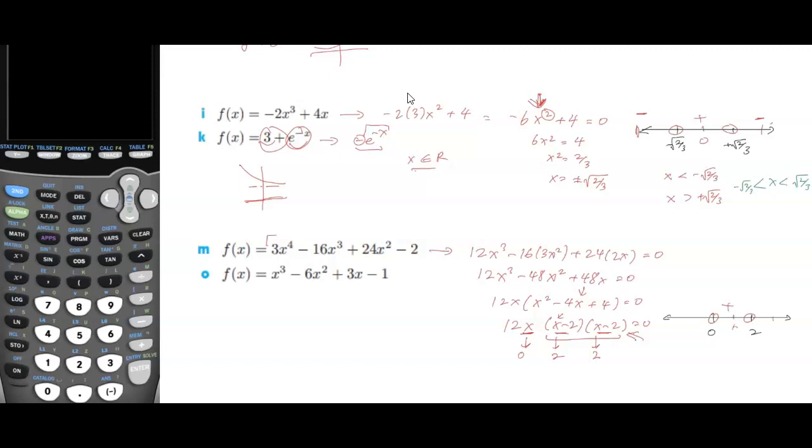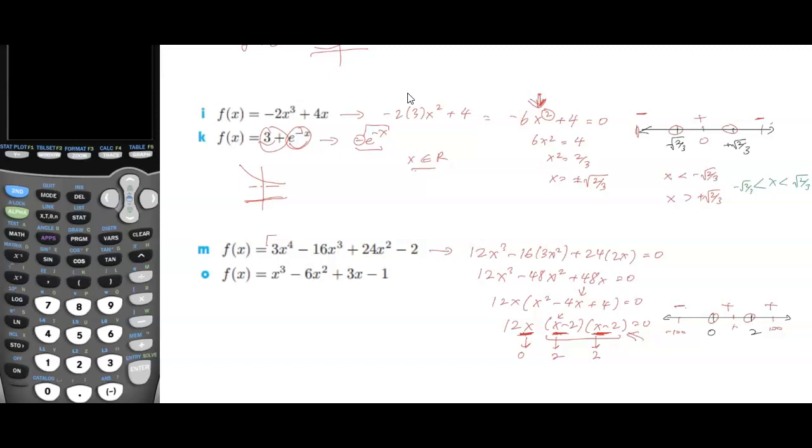And if I put in a big number like 100 or something, then this would be positive and positive and positive, everything positive. And then if I put in a small number like negative 100 or something, I would have negative, negative, and negative, which multiplied, 3 negative numbers, you would get negative. So I would have negative, positive, and positive.